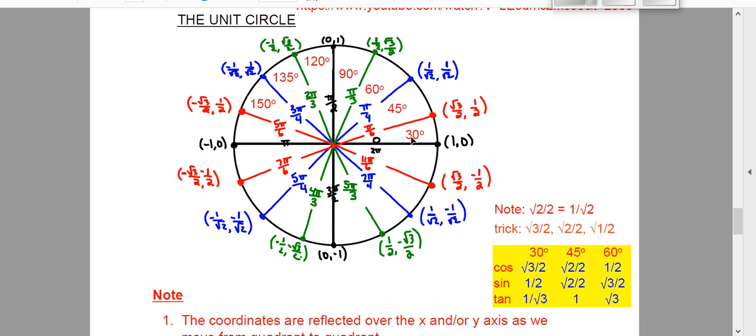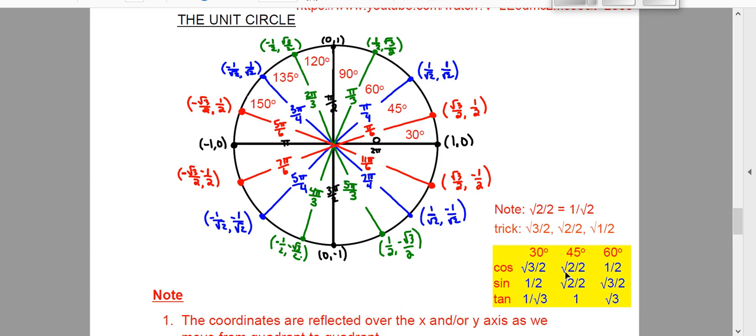Look at this. We go from 30, 45, and 60. This is what I'm going to use very often for the rest of this unit here. What values do we have? For 30 degrees, root 3 over 2. Next one, 1 over root 2. I'm not going to use this one here because it doesn't show something that's so obvious.